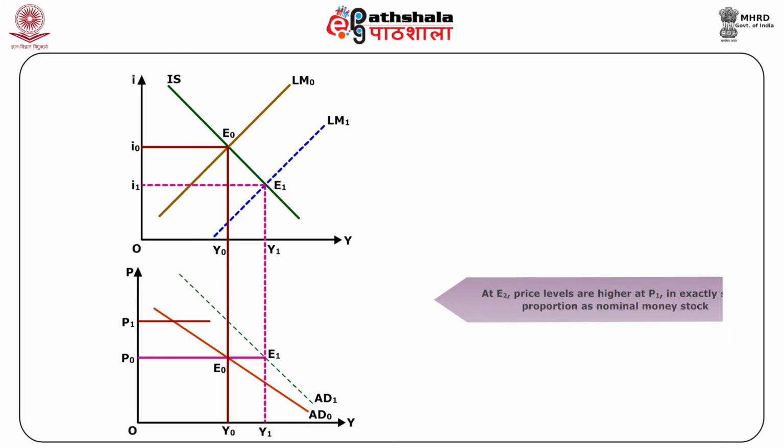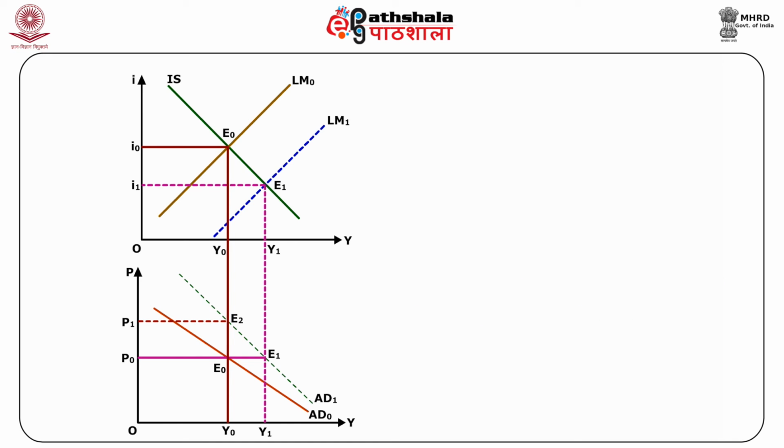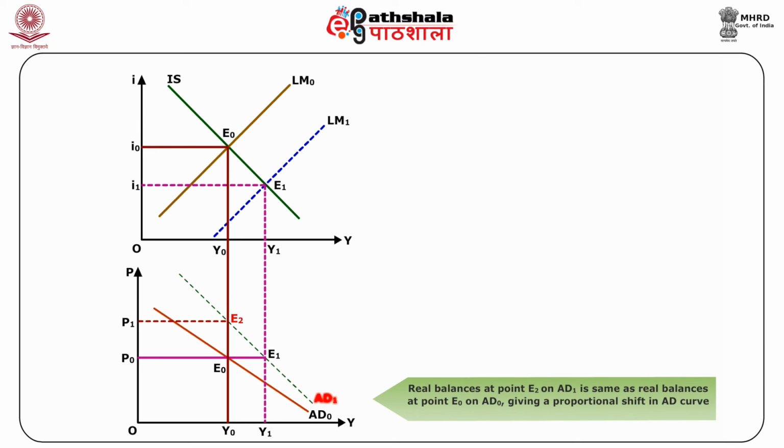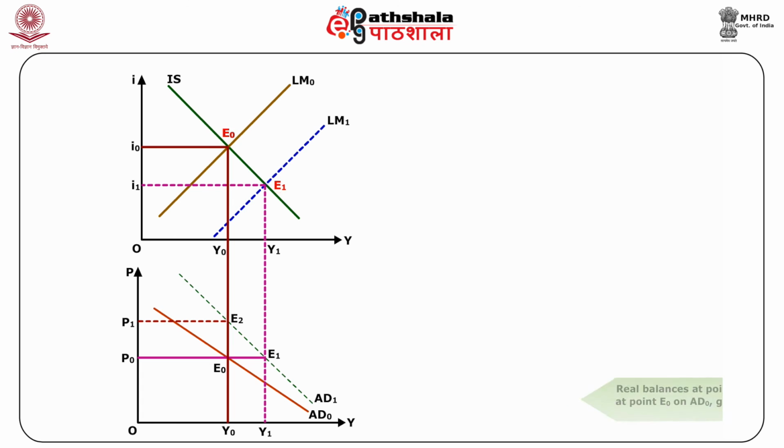Thus, at E2, the price level is higher at P1 in exactly the same proportion as the nominal money stock. Therefore, the real balances at point E2 on AD1 are the same as real balances at point E0 on AD0, giving a proportional shift in the AD curve.